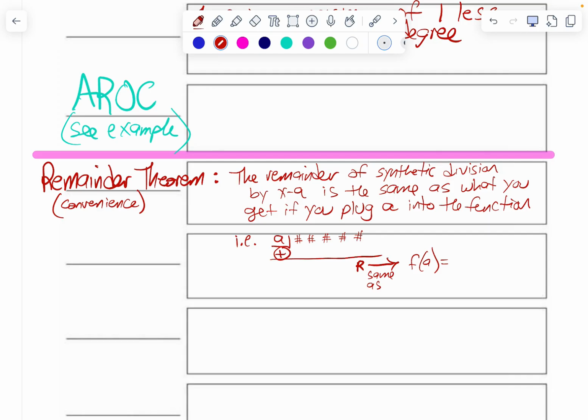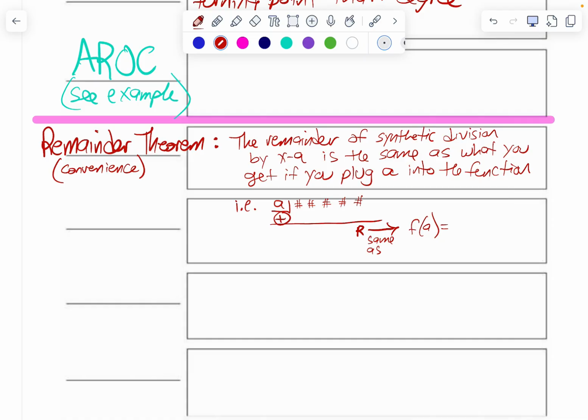Meaning, make all the x's a, okay? It's the same. Now, sometimes synthetic division is way faster than plugging it into a function. I'll show you what I mean in a second. Especially after all the practice you guys did on this, I think you would agree.